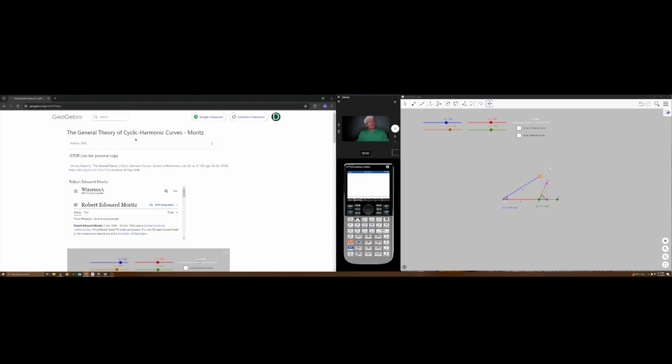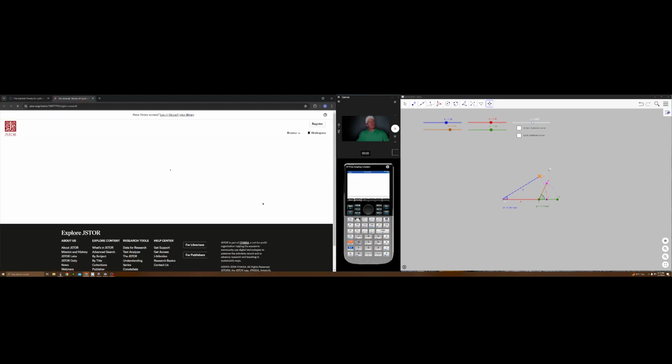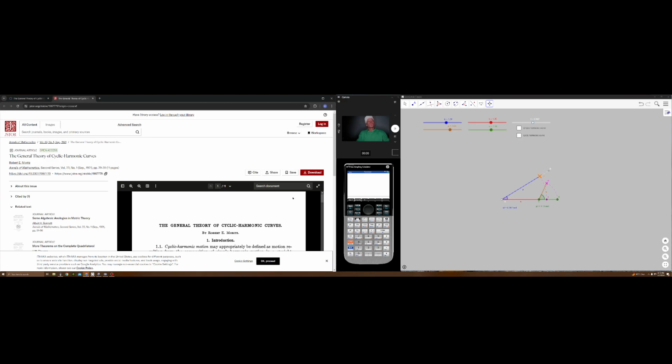The general theory of cyclic harmonic curves by Robert Moritz can be found at this website right here. The geometric equipment he uses is this right here. I have reproduced it right here.